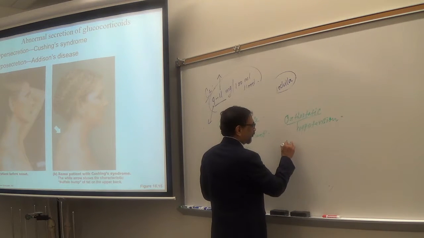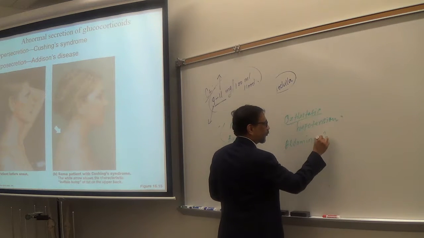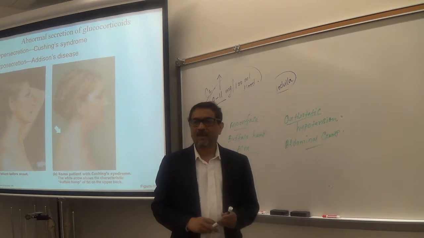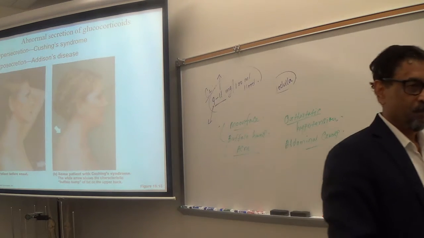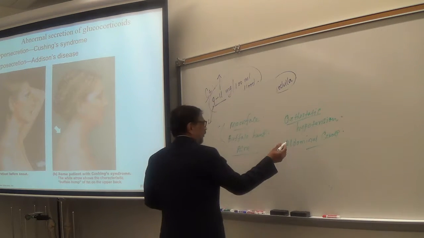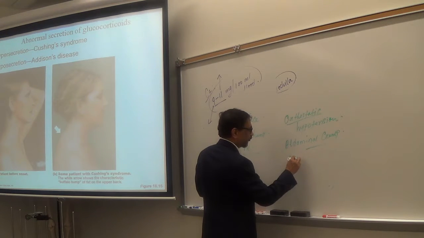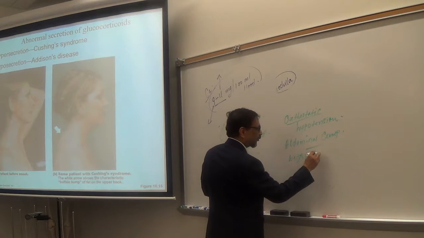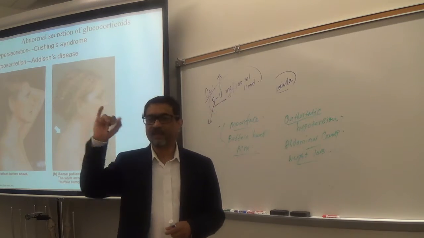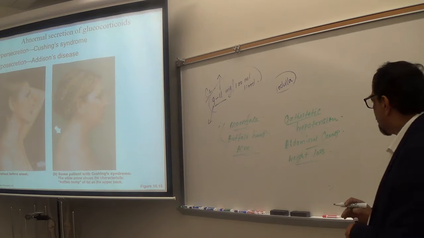Abdominal cramp. And pain. Abdominal pain. Weight loss. Significant weight loss. Okay. Person will be skinny. The legs and arms will be very thin. Okay.